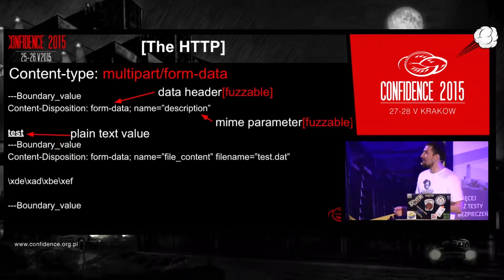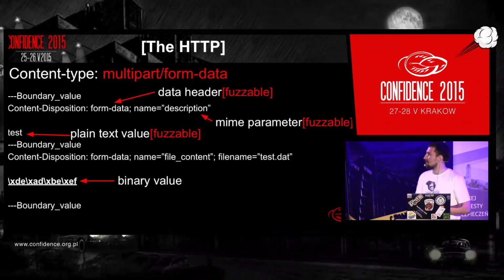And the last thing I want to mention is the data which is being sent in each MIME message. For example, plain text data or integer data may be transferred, and it should be fuzzed accordingly, like strings or integers, so fuzzable.